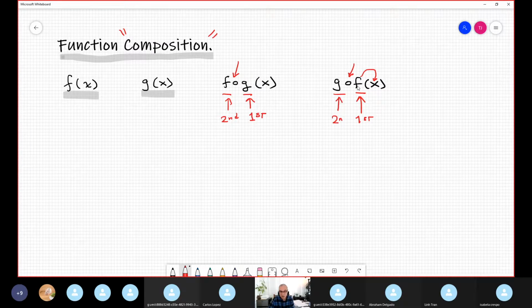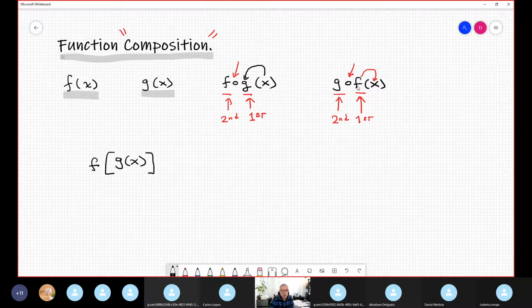So what is the interpretation of this? Well, there are many interpretations. One possibility to understand this is, you evaluate the argument x inside the first function g, and the numerical result you evaluate in f.